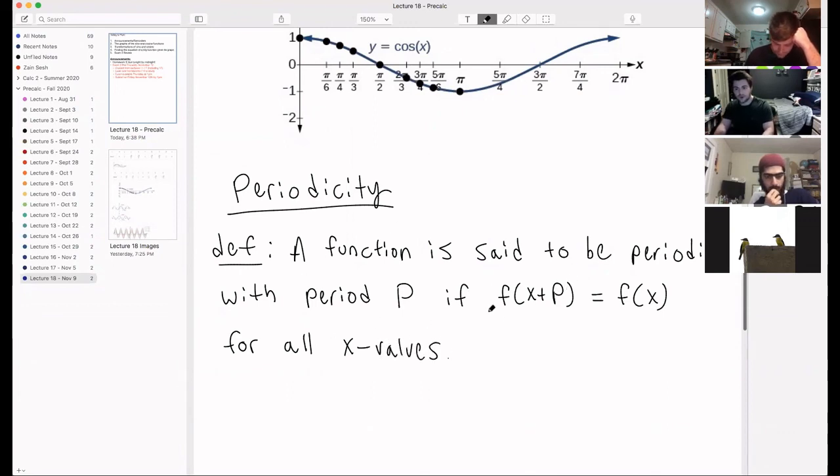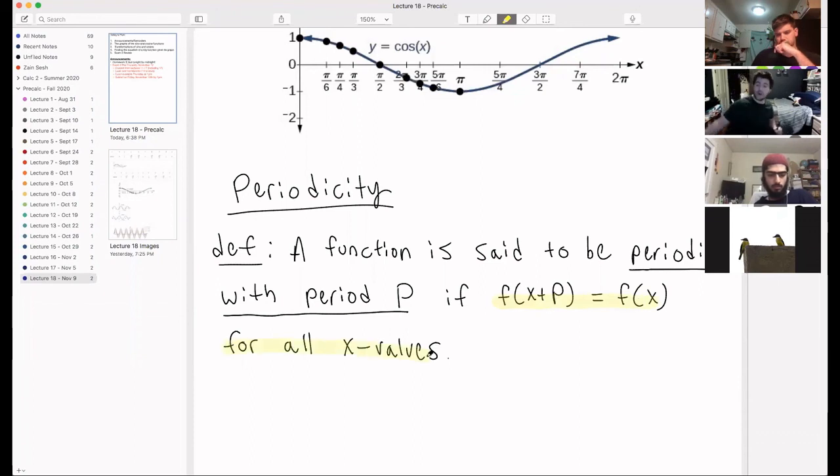Okay, so the phrase I'm defining in this definition is periodic with period P. It means that f evaluated at x plus P is actually the same as f evaluated at x for all x values. All right, so that's a really nice property.